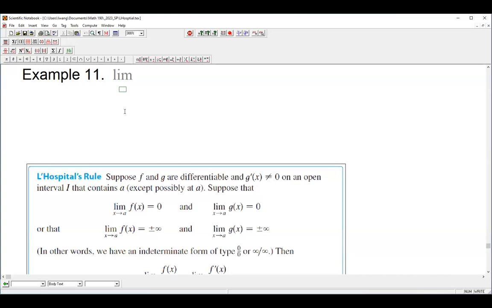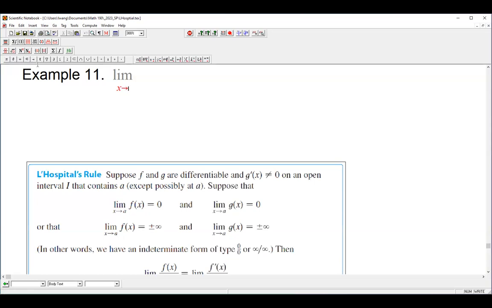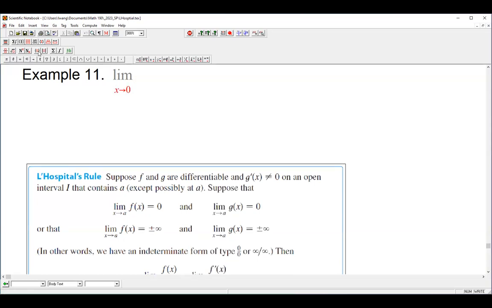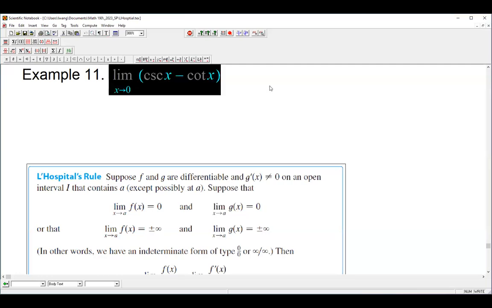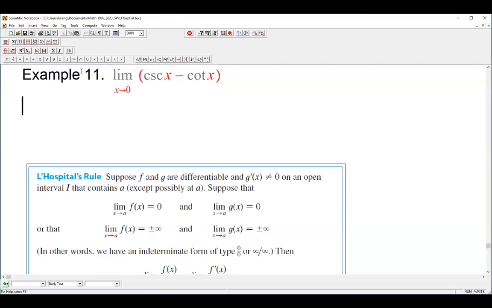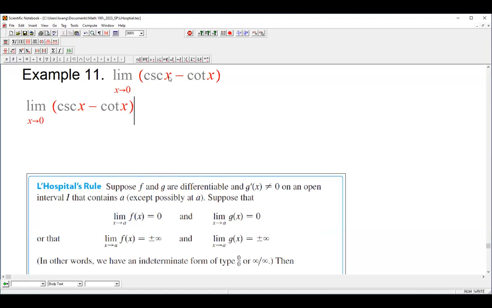We have a limit situation where x is approaching 0, and we have cosecant x subtracting cotangent x. Apparently this is not a L'Hopital rule form. What kind of form is it?